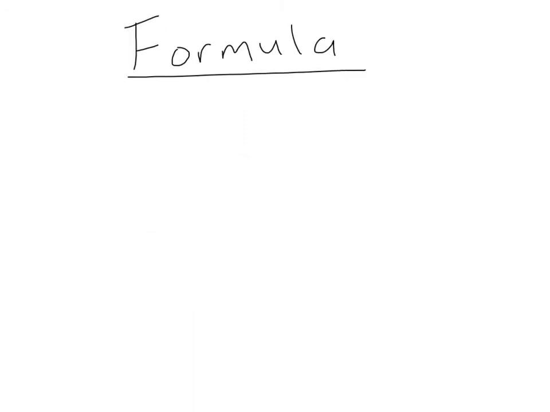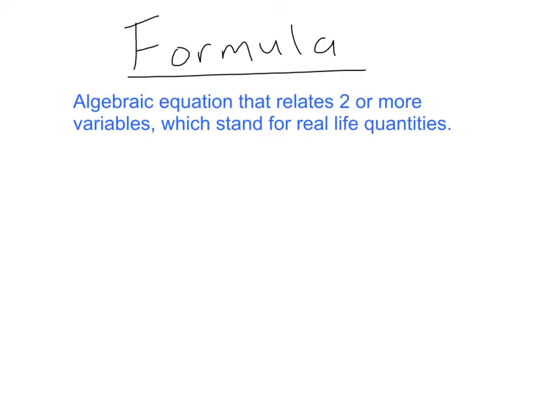A formula is going to be a vocabulary word that I am going to want to see written down in your notes. A formula is an algebraic equation that relates two or more variables which stand for real-life quantities. For example, we could have the formula A equals L times W, which is the formula for the area of a square or a rectangle.